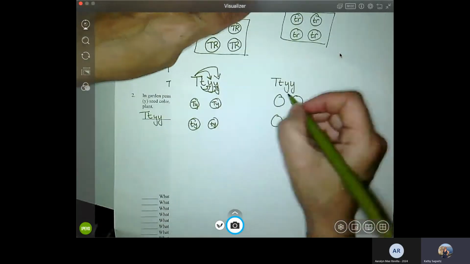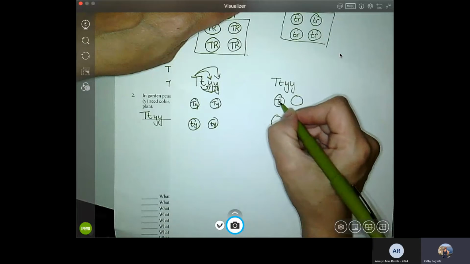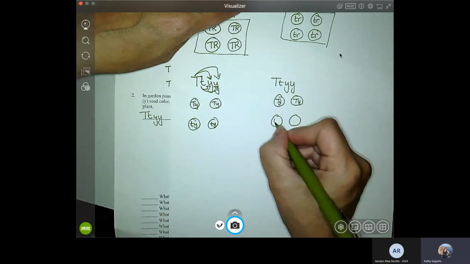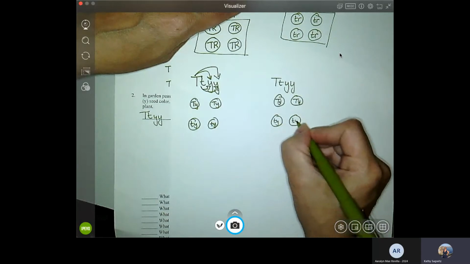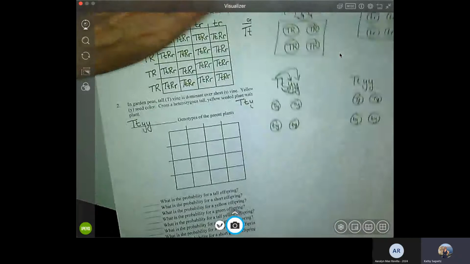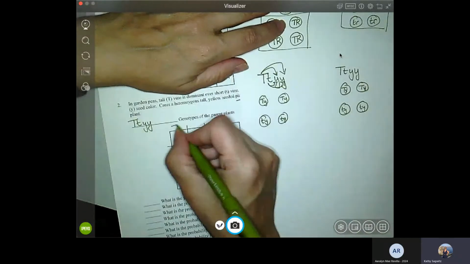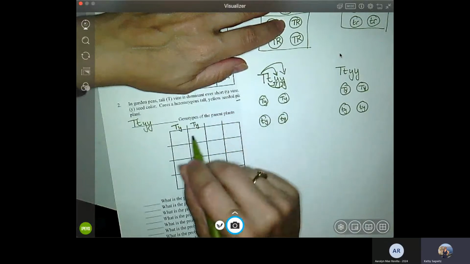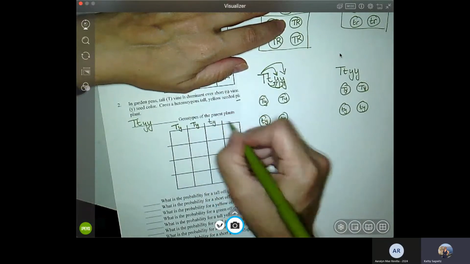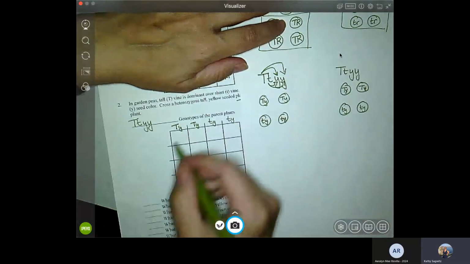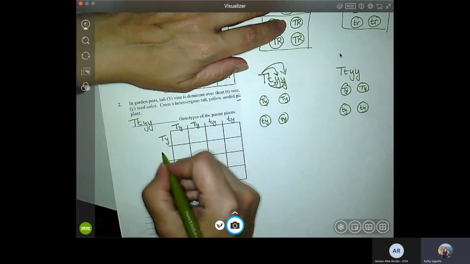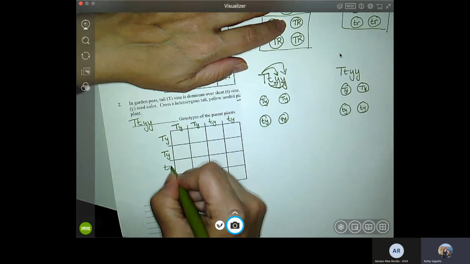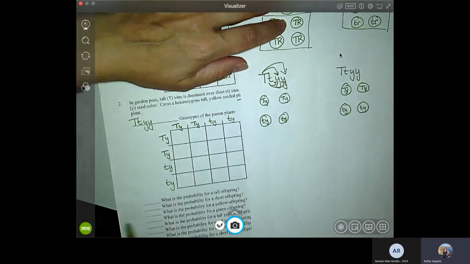Now, since they're the same, we're going to have the same over here. Okay? Now you're going to take those and you're going to set them up here. Big T, little y, big T, little y, little t, little y, little t, little y.